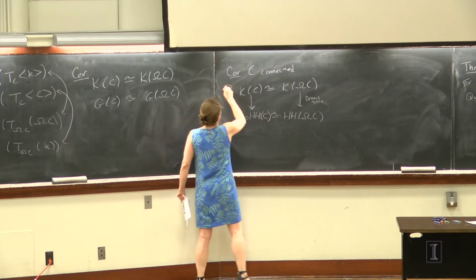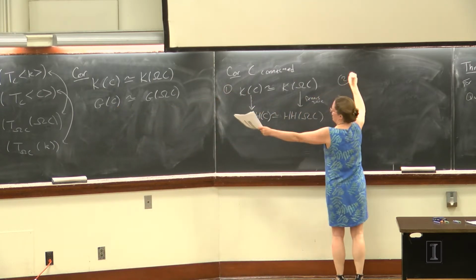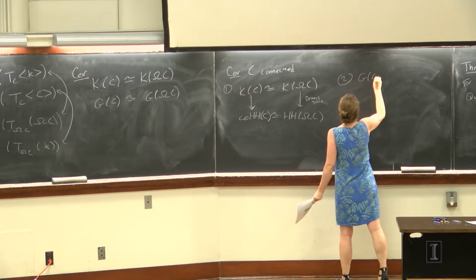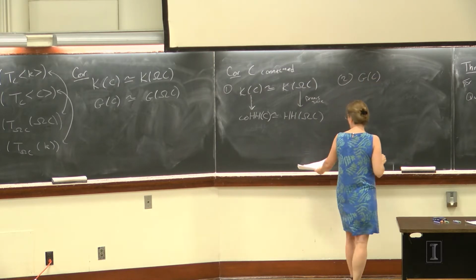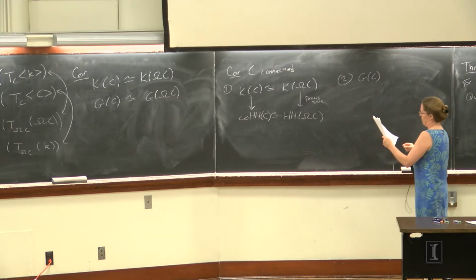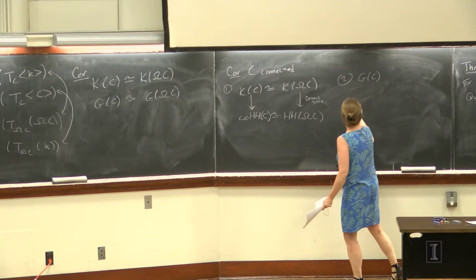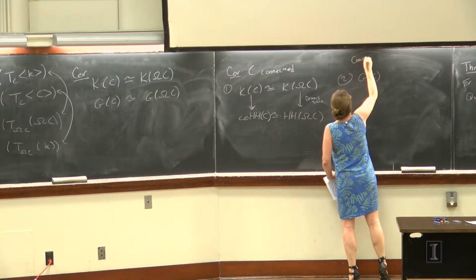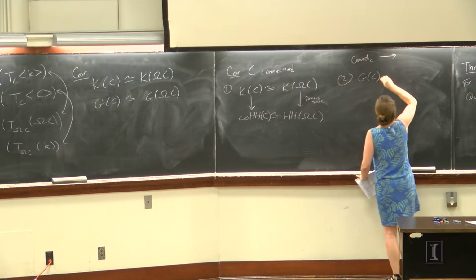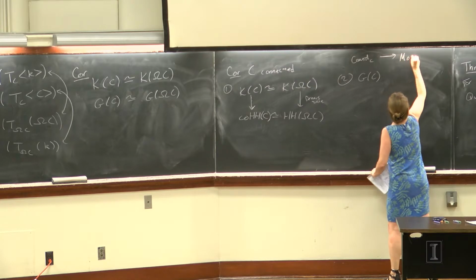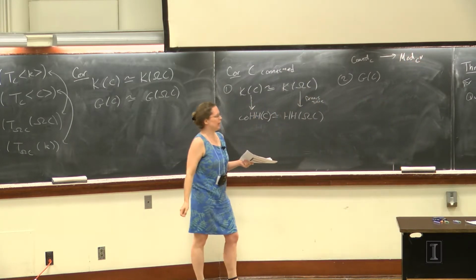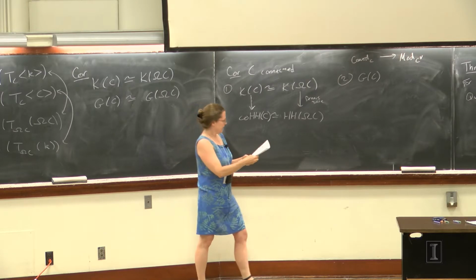We can also get a trace map in the G theory. Here I want to use the functor that goes from comodules over the coalgebra C to modules over the dual of the coalgebra, which gives me a differential graded algebra.